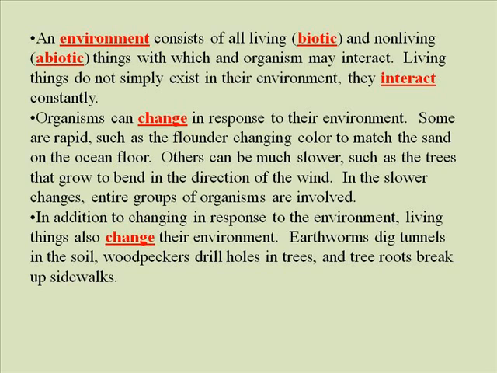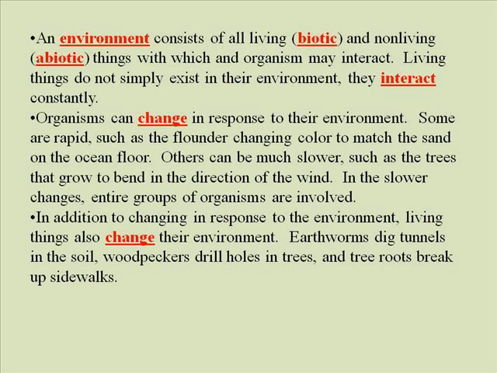Others are going to be much slower, like over time, trees that grow in certain areas where the wind always blows in the same direction will eventually start to lean in the direction that the wind is blowing. So if the wind is blowing towards the south, the trees will start to lean south. And this is so that they don't get damage to their branches and their leaves.